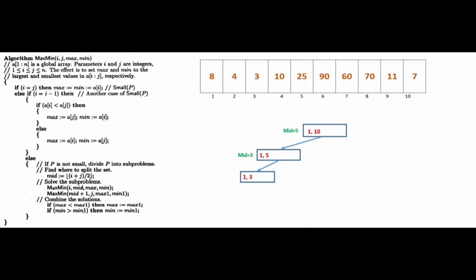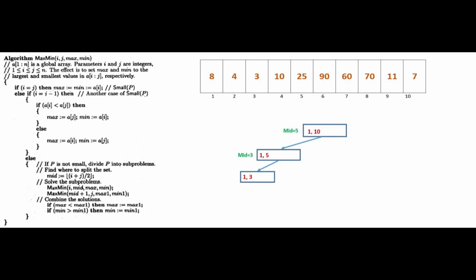If j is equal to 2, then we can say that the problem is small. But now j is equal to 3, so the problem is not small, it is a large problem. So we have to go to the last part of the else block.